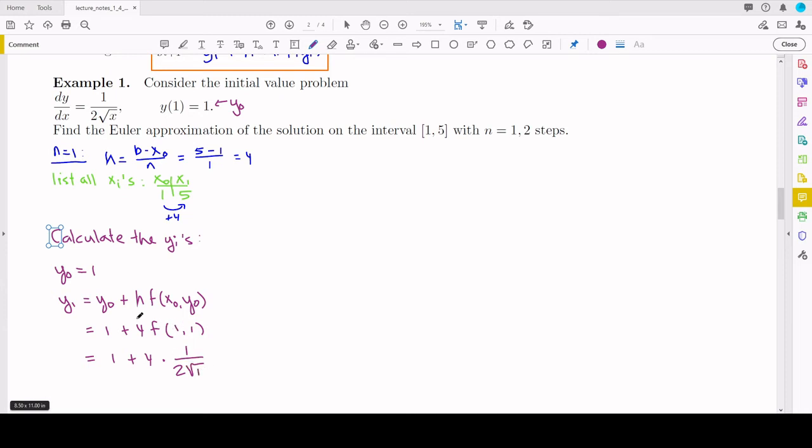And that's the x value that we fill in here. So f of x comma y equals 1 over 2 times square root of x. And add that all up, and the final answer is 3.